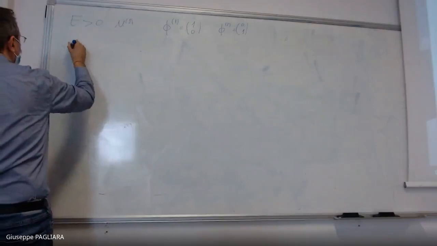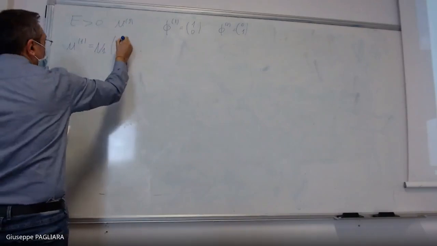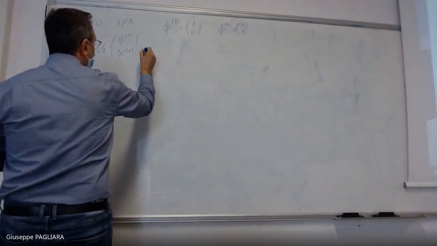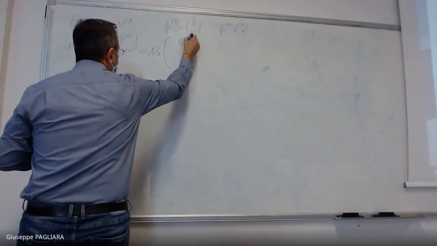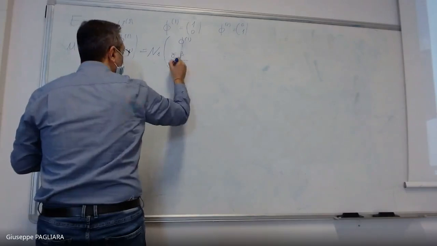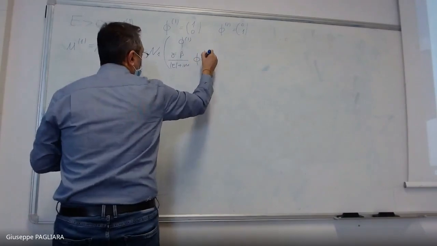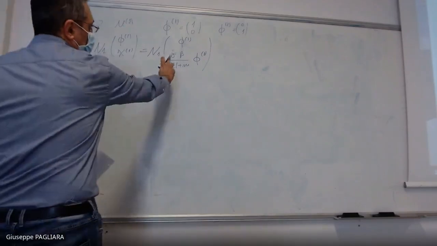So we have U1 equal to some normalization coefficient N1 times the spinor (phi 1, chi 1), and the solution we found is chi 1 equals sigma dot p divided by E plus m, times phi 1. Let's now make explicit this scalar product here.